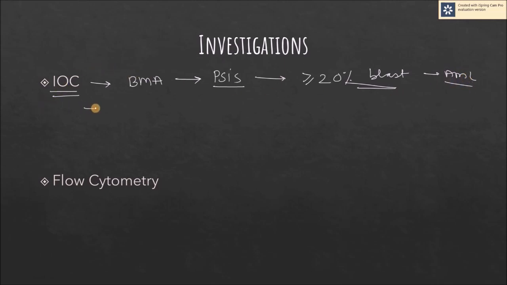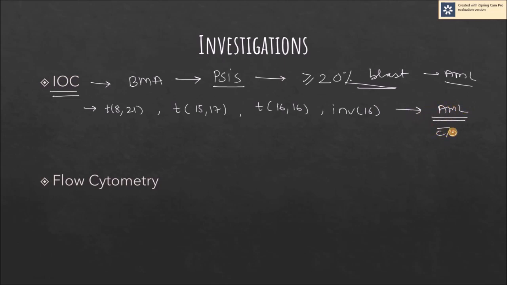But in some cases, like if there is proven translocation 8;21, translocation 15;17, translocation 16;16, or inversion 16, we call it AML without the marrow blast cells counted.